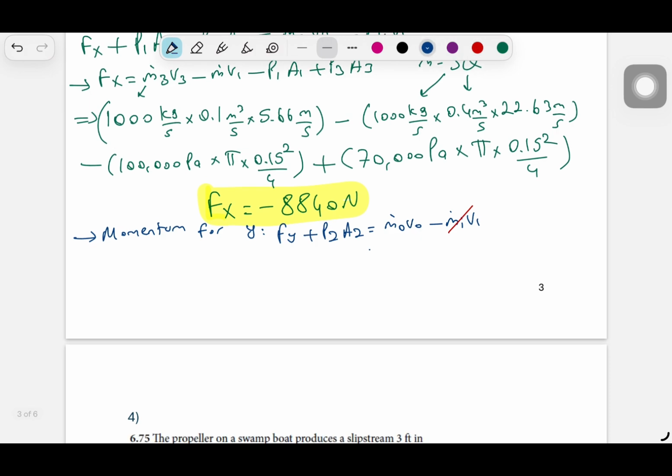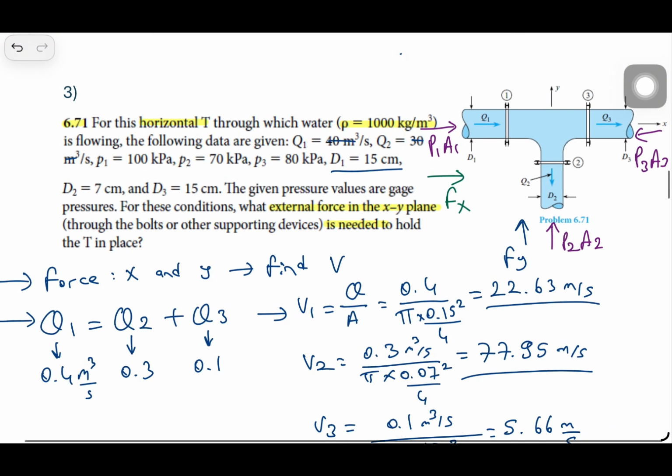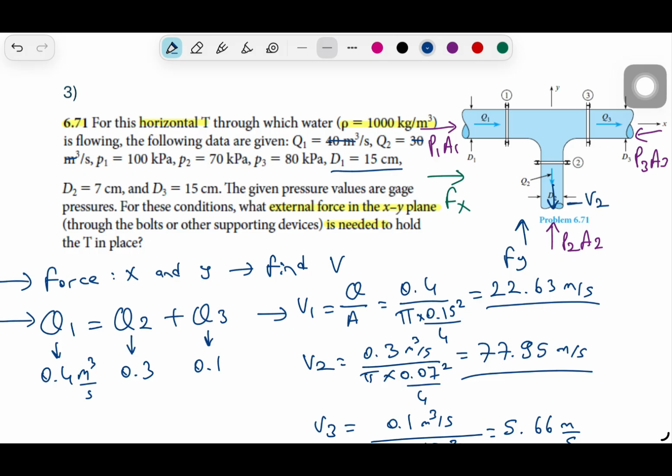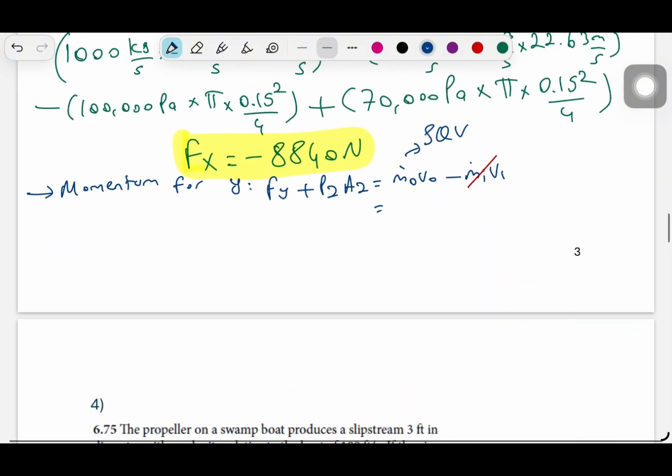And we will have m dot. So we will use rho Q V equation. Here, again, the question says the upward vertical direction is positive, but we have a downward velocity, so we will have minus velocity too. So let me write that.